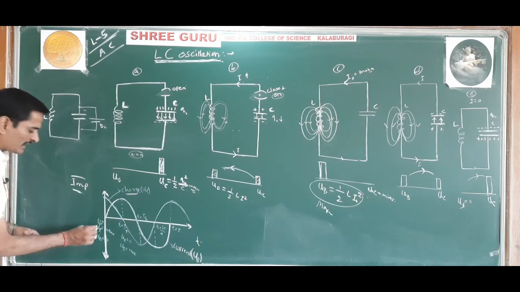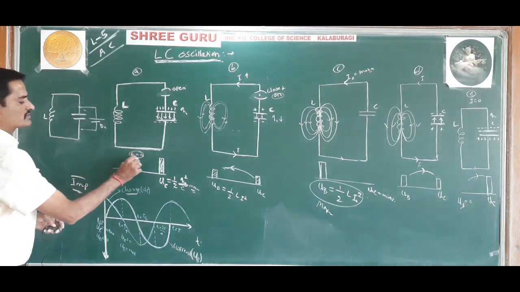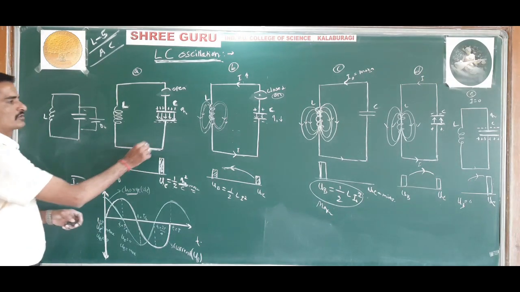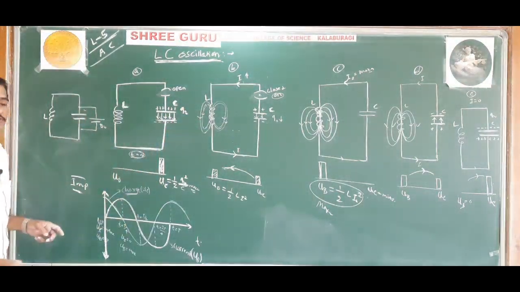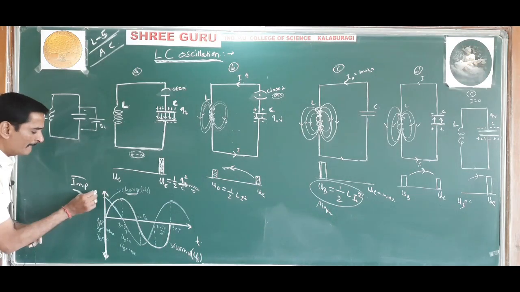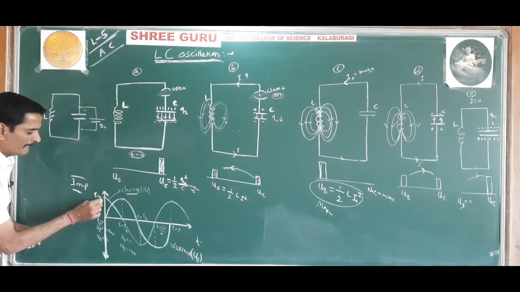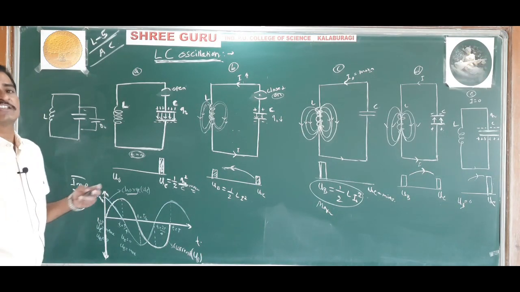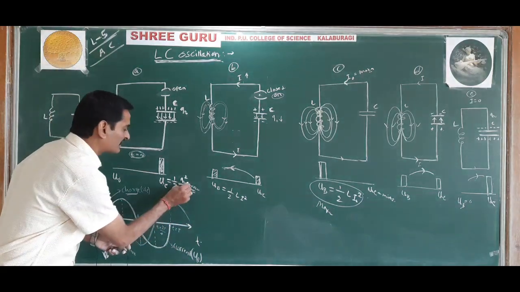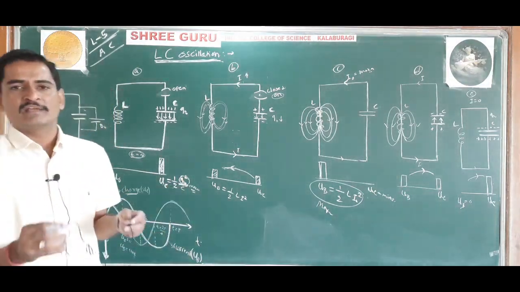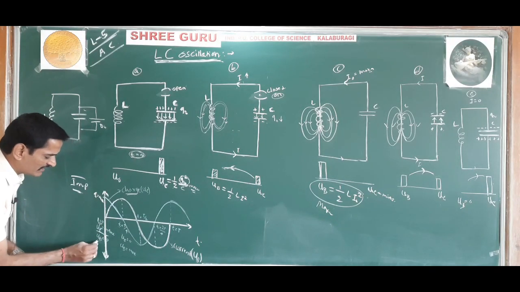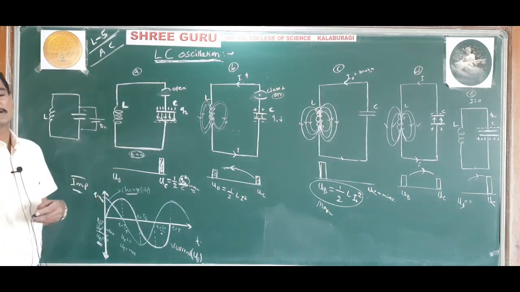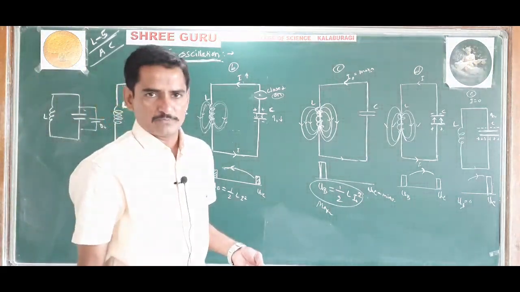Understood? Okay. So initially at time t equal to 0, the capacitor is fully charged. That is, charge is maximum, which means electrical energy is maximum. At t equal to 0, electrical energy is maximum and magnetic energy in the inductor is 0.